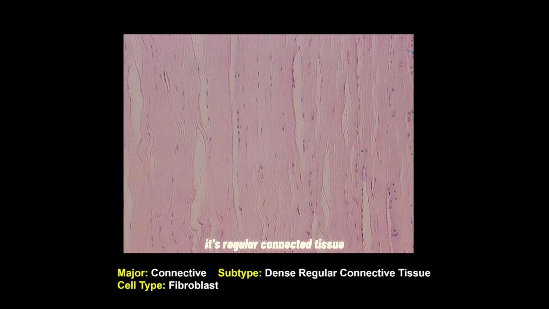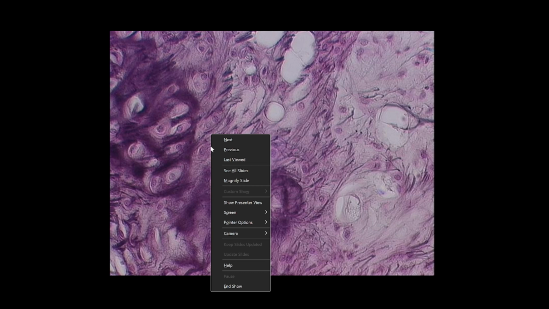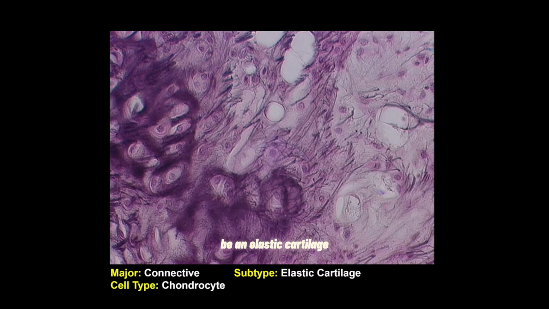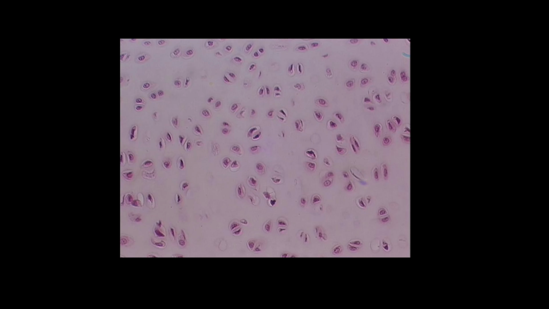Dense regular connective tissue. Okay, and then this is going to be elastic cartilage. It kind of looks stretchy. And then the dense regular connective tissue. Another hyaline cartilage because you can see that it's two together.